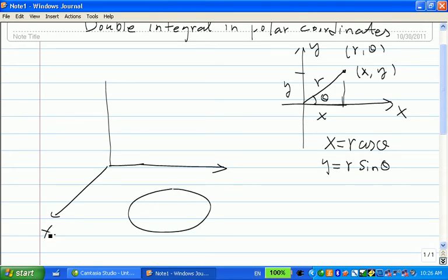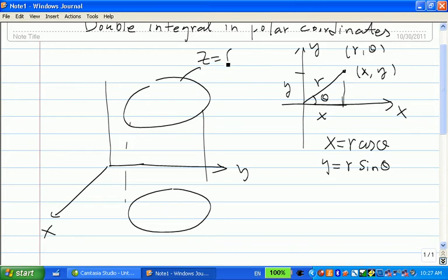You have a domain on the xy plane, and you have a surface z equal to f(x, y). The double integral is to find the volume under this surface. We only know how to find volume for a rectangular box, right? So obviously this is not a rectangular box.